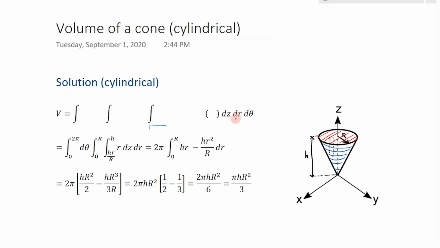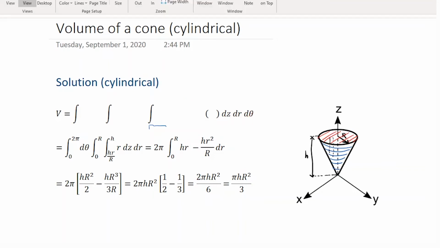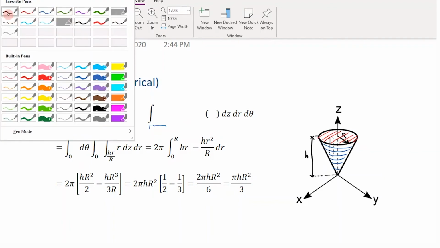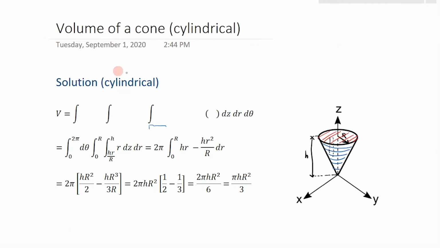And now the bounds on r and theta are basically going to describe the region on the xy plane that you get when you squish this cone onto the xy plane. So if you squash it, you'll get a circle of radius r.